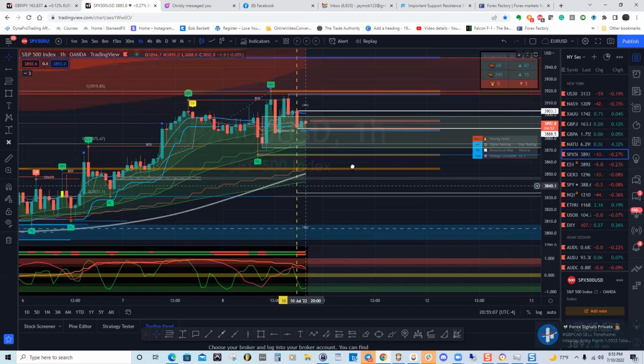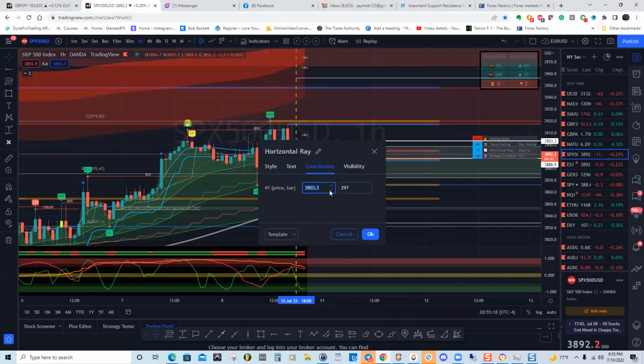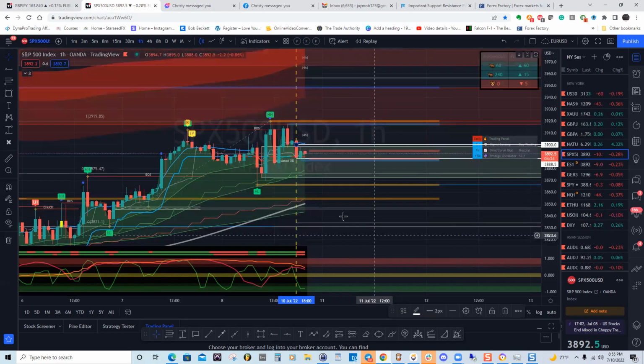So I've got 3,900. Same 3,900 be the level here. This 3,900, the top one, right? The bottom one, I call it 38.99.